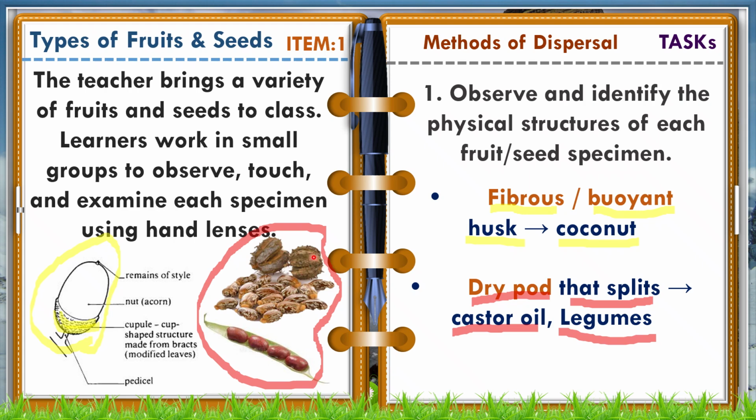That's where it splits and opens. And then the bean also has two lines of weakness, on the upper side of the pod and on the lower side. Those are the dry pods.